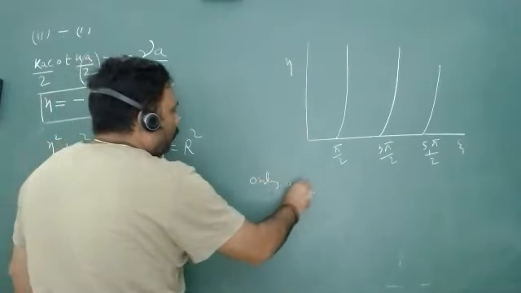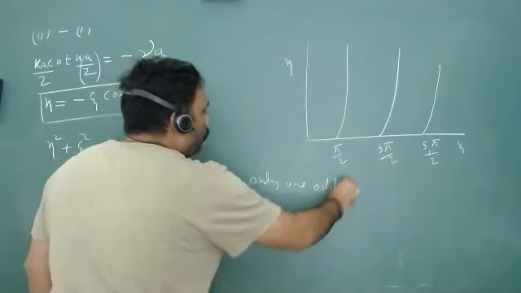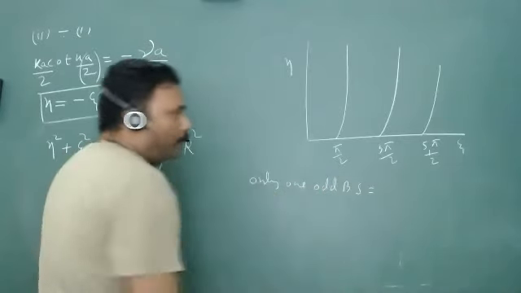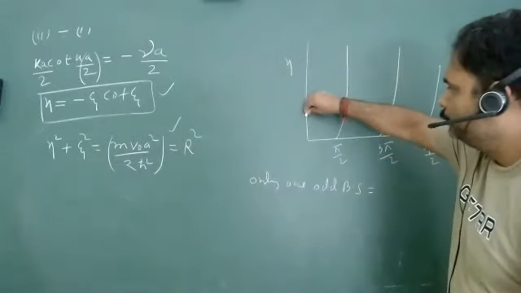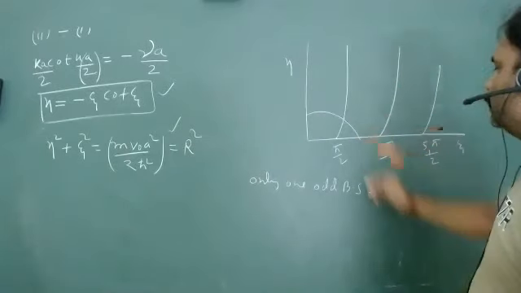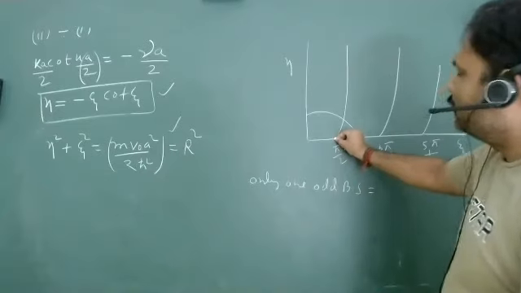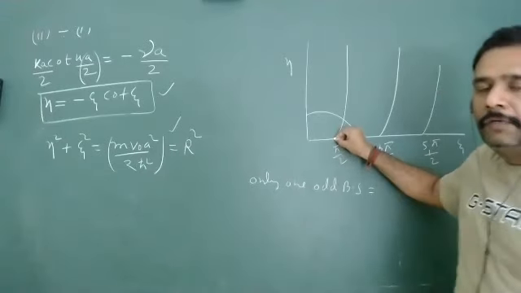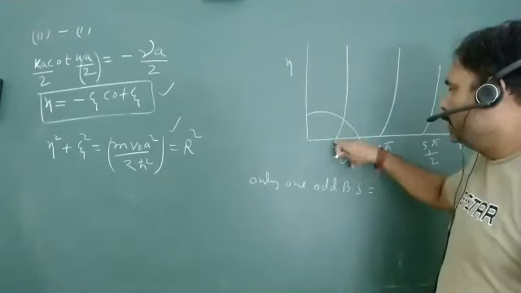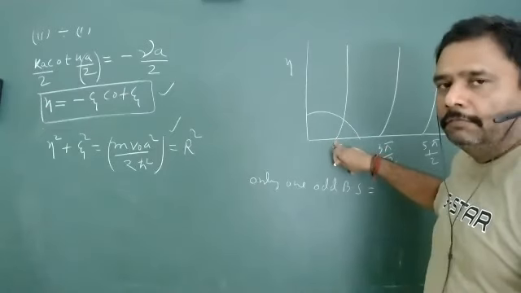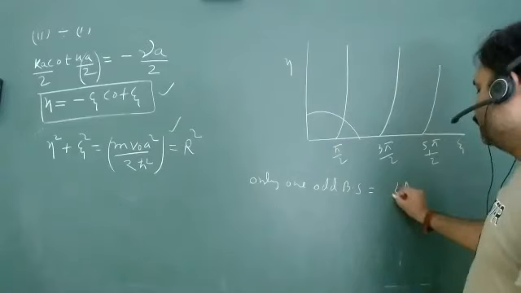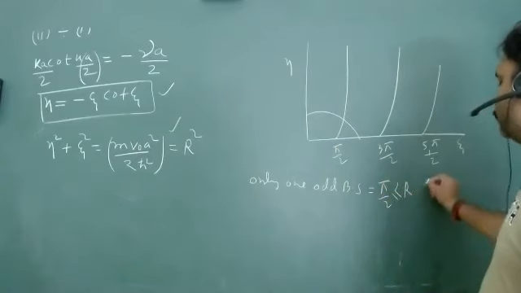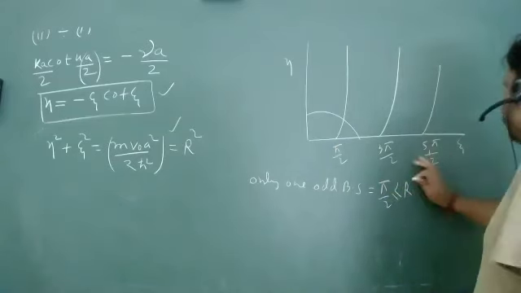What should be the value of R? I am just talking about this kind of situation. The minimum at which you will start getting the odd bound state is when the value of R is pi by 2. So obviously R will start from pi by 2 and be less than 3 pi by 2.